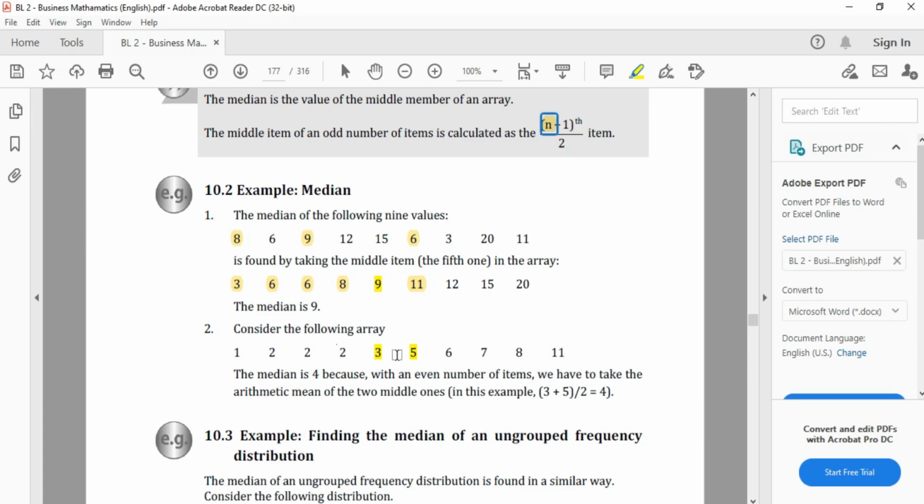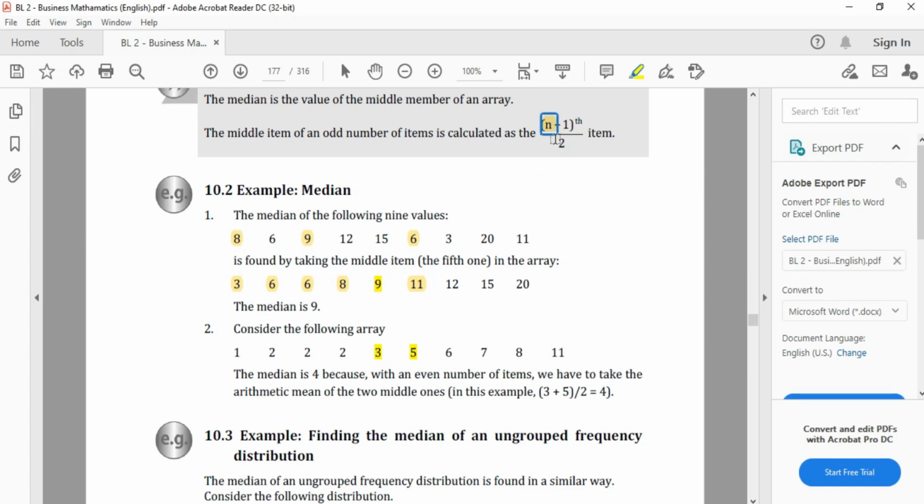And then a 0.5. A 0.5 between 3 and 5 is actually 4, isn't it? Because we can't say 3.5, because the gap between these is 2. So half of it, 5 minus 3 is 2.